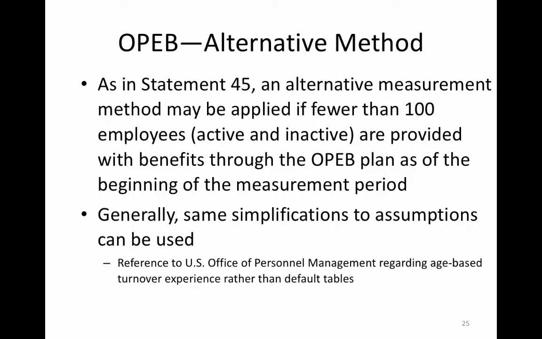It's provided for cost-benefit purposes, and is really only available to very, very small plans in order to make it more affordable for them to apply these standards, and that continues going forward. But you're not likely to encounter that very often. There aren't many plans that meet this threshold of fewer than 100 members, and even fewer that are producing annual audited financial statements based on generally accepted accounting principles.